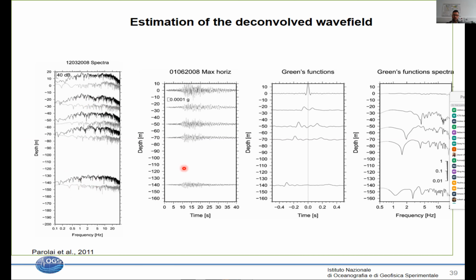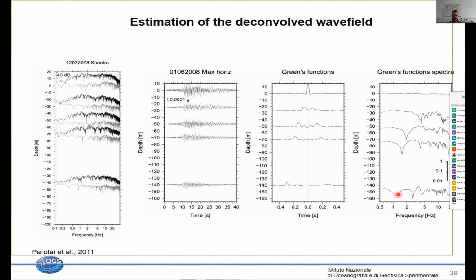But okay, if you take these spectra, calculate the deconvolution and go back to the time domain, in this case I think the upgoing and downgoing wave effects are very clear. And if you simply take the Fourier spectra of this Green's function, so of the spectral ratio, the effect of negative interference becomes very clear.